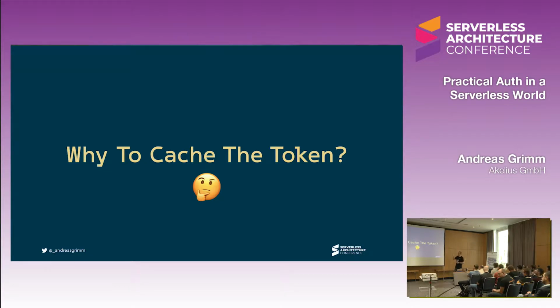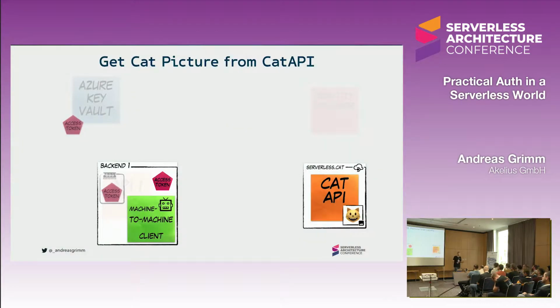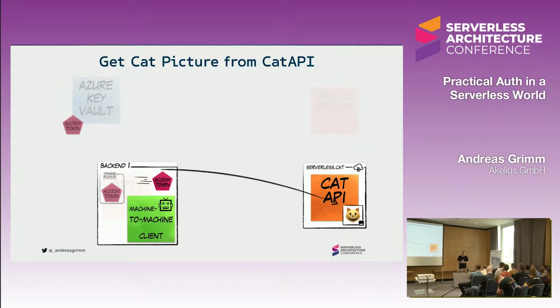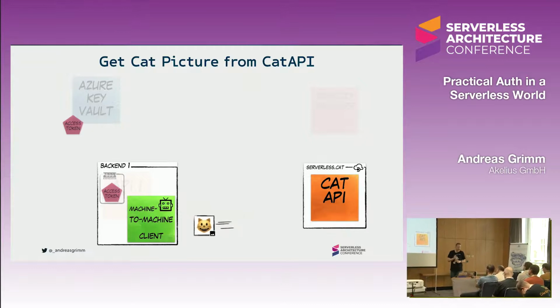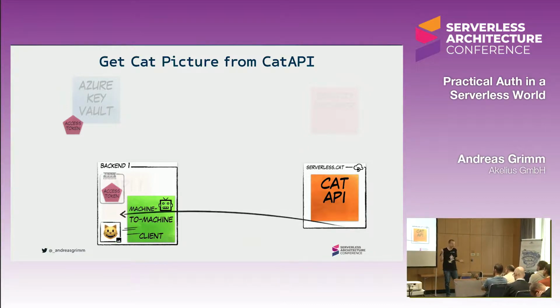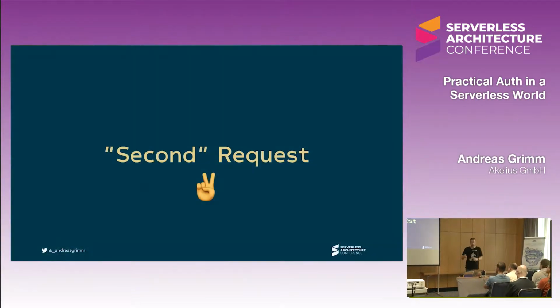Yes, we need to cache the token, or we should cache the token, because we pay for every token that we get from the identity provider. And only then use the token to get the resource that we want. Now let's look.